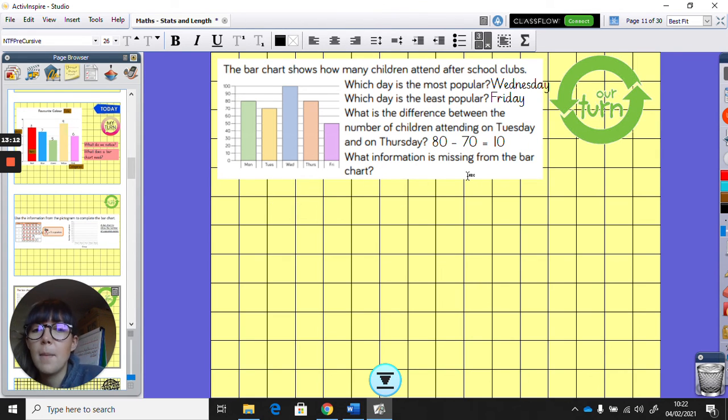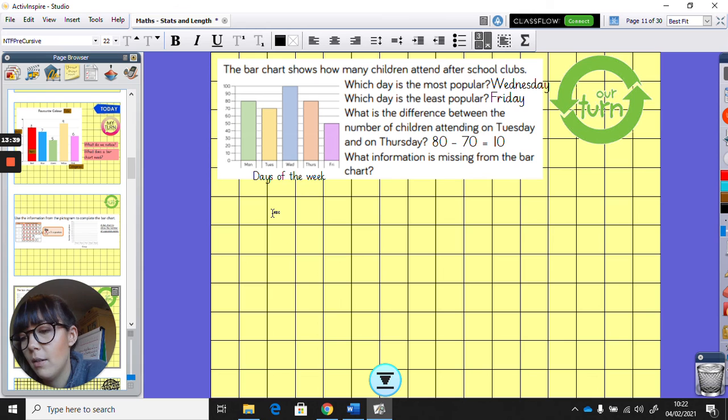What information is missing from the bar chart? I hope you've had a go. You could have always skipped back a bit to look at my bar chart at the beginning to show you what is missing. But what I think is missing is we haven't got any labels for the bottom and the side. So down the bottom here, I'm going to make my thing a bit smaller. It should say days of the week.